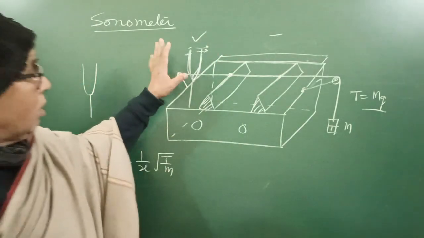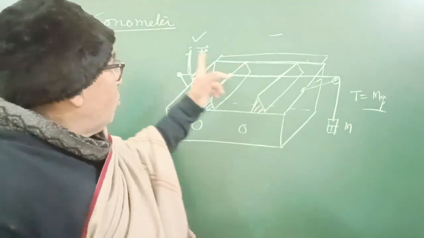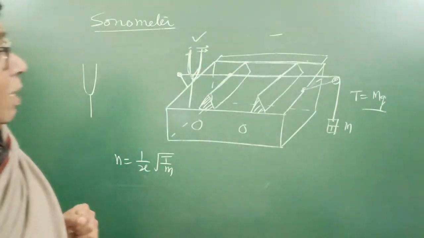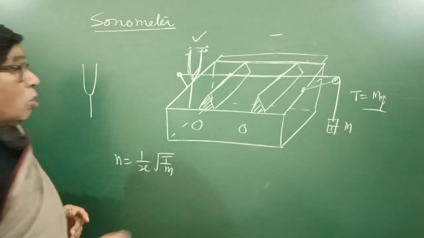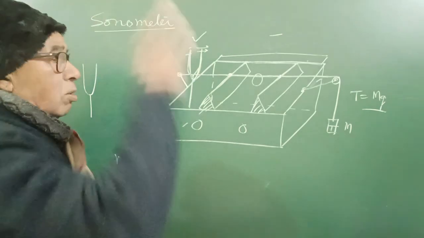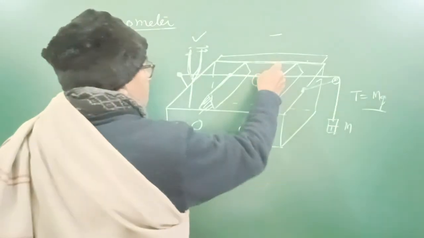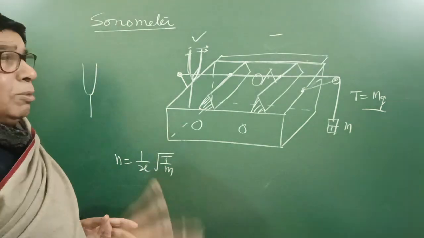When the tuning fork applies a periodic force and the natural frequency of the wire becomes equal to the tuning fork, there will be resonance, and a large sound is heard. Actually that sound is not heard in the lab because of noise. So we put a ring here. That ring oscillates to and fro, or we can put a piece of paper called a rider that starts jumping with large amplitude.